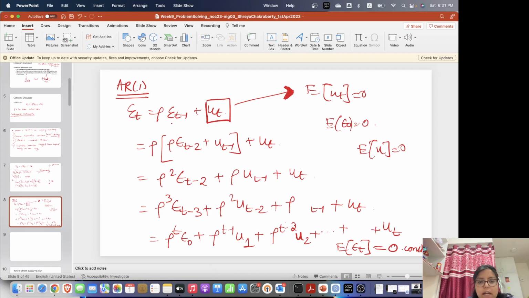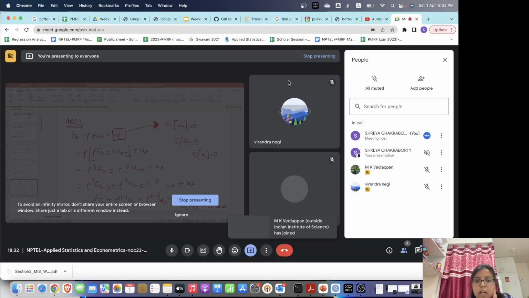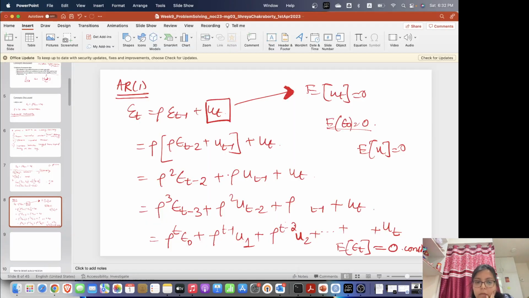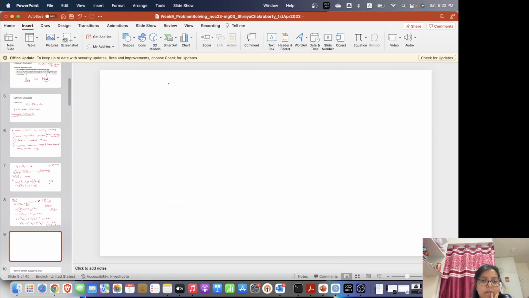Like I said, we are breaking each of these terms into corresponding terms. And if we assume this, then all the expectation of u's will go to 0, and then expectation of epsilon t will also go to 0. Now next we are going to check the variance thing, right? Epsilon t equal to rho epsilon t minus 1 plus ut. So now variance should also be constant.